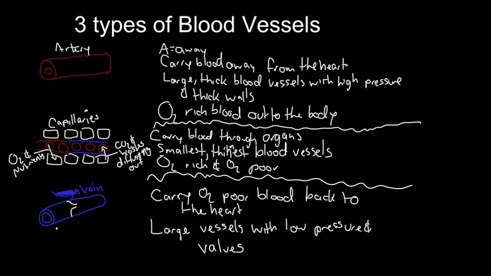So they have these valves in them. Every single time you move your muscles, the valves open, the muscles squeeze, and they push the blood back up towards the heart. When the muscle stops contracting, the valves close and blood falls back down. But it prevents it from going all the way back down. It stops at the valve. So every muscle movement that you're making is pushing the blood back up towards the heart.